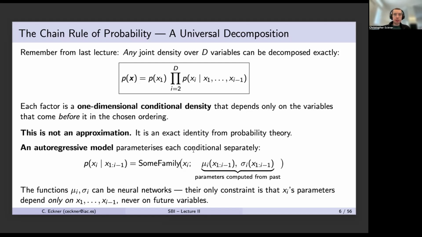And this whole conditional probability can be parameterized in any way you want. It can even become a neural network. And this is what is being exploited in most of the cases, especially in normalizing flows.